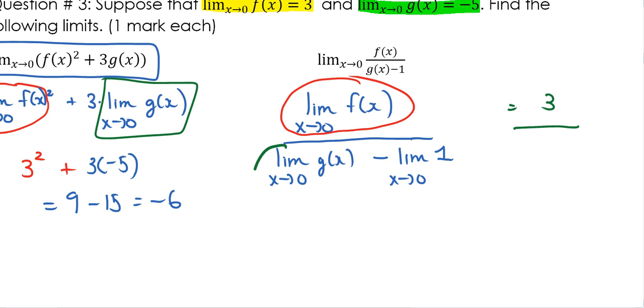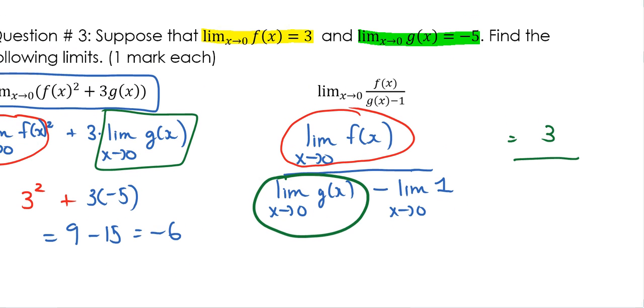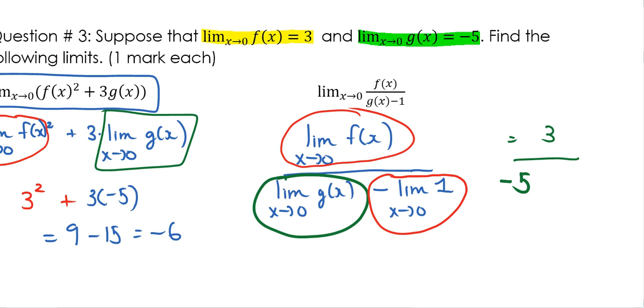And the denominator right here, that will give you an answer of -5. And this expression right here, there was a very similar question like this on the quiz. This is just simply going to be a constant here. So whenever you have a constant, that limit will simply be its constant. So this will be -1. So after you do the math here, this would be 3 over -6, which is -1/2, and that would be considered full points for that question.